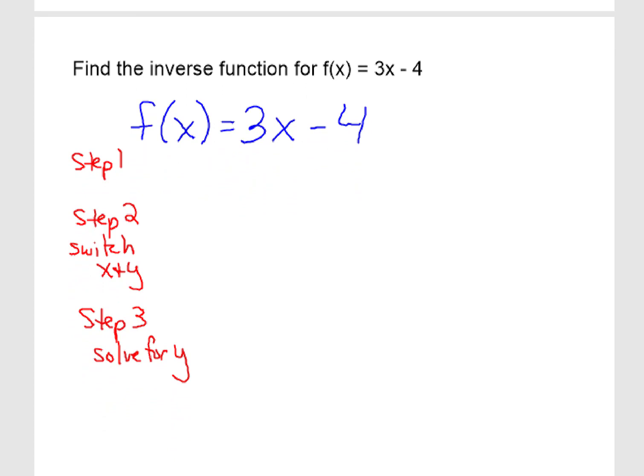Okay, so step 1, we're going to replace f of x with y. Okay, so now I have y equals 3x minus 4. Then I'm going to switch my x and my y. So I have x equals 3y minus 4. And then I'm going to solve for y. So isolate it, get it by itself.